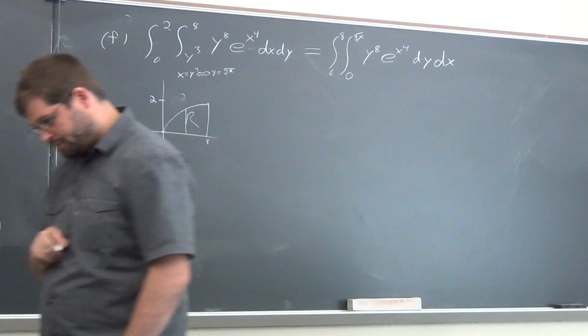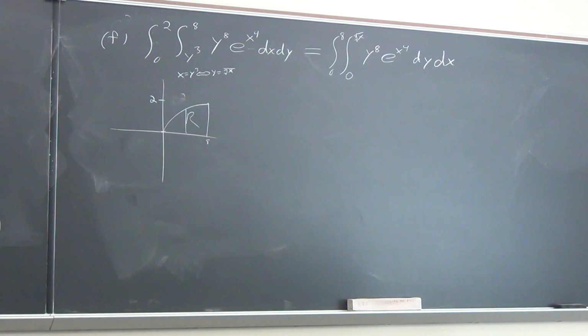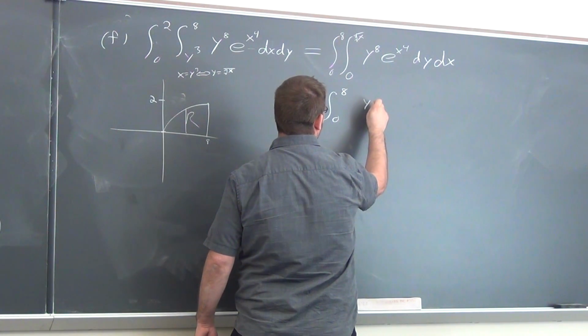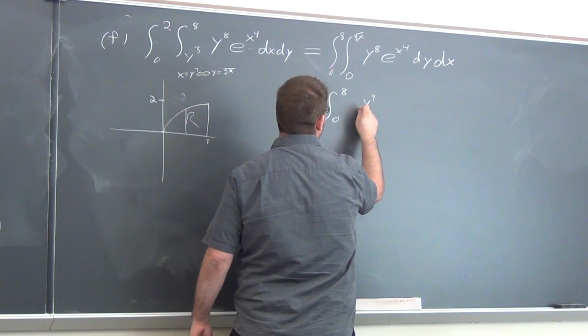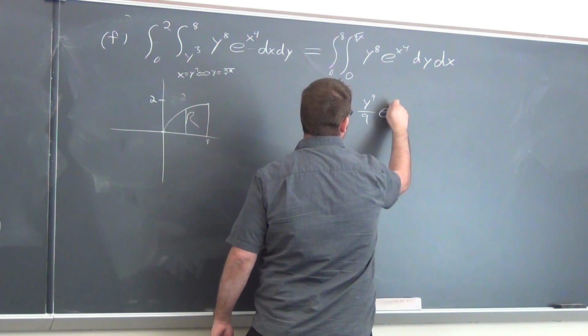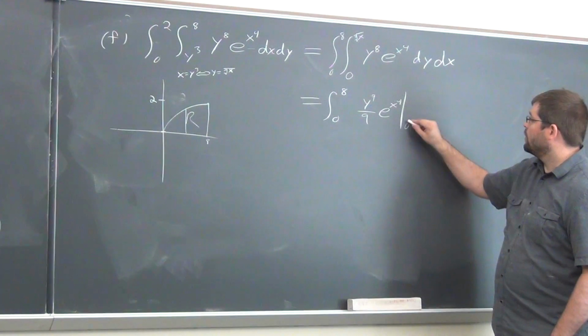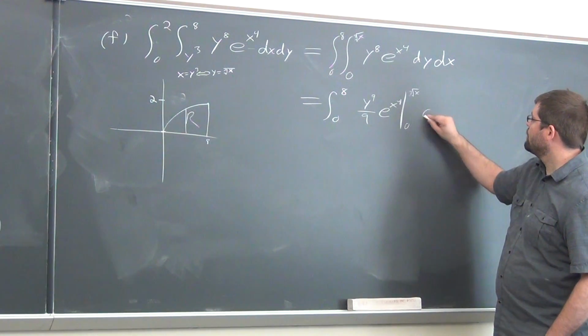Okay. Good. So now, when you integrate that, let's just do it. The integral with respect to y, now the e to the 4x just sits there, and so you get y to the 9th over 9, from 0 to the cube root of x.